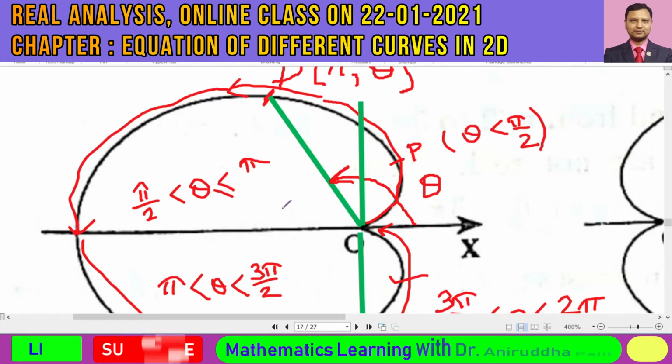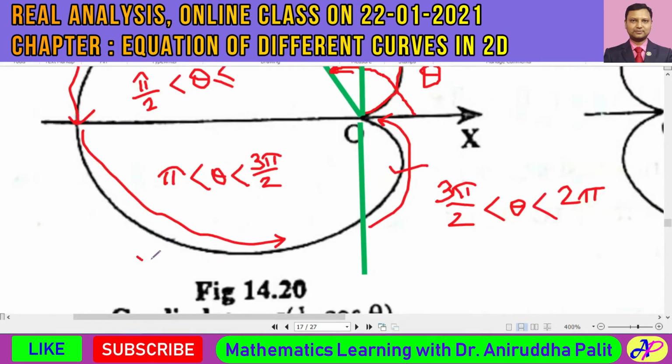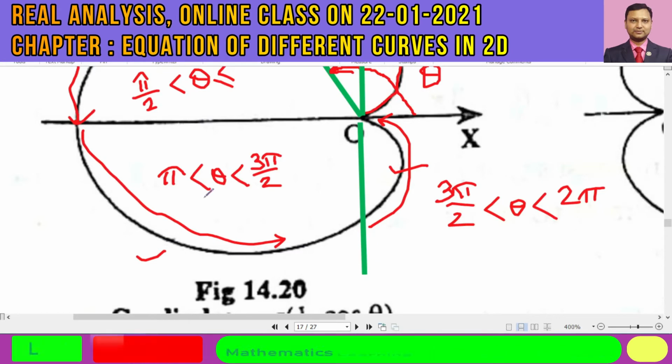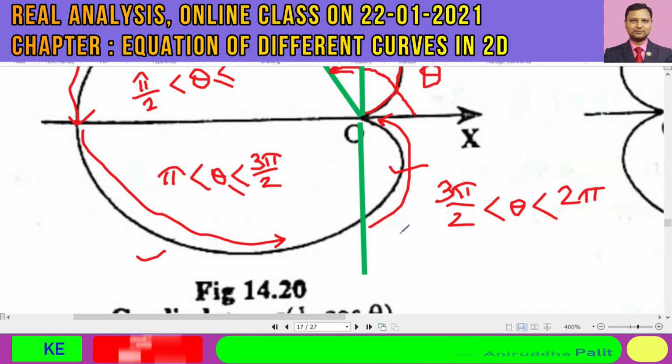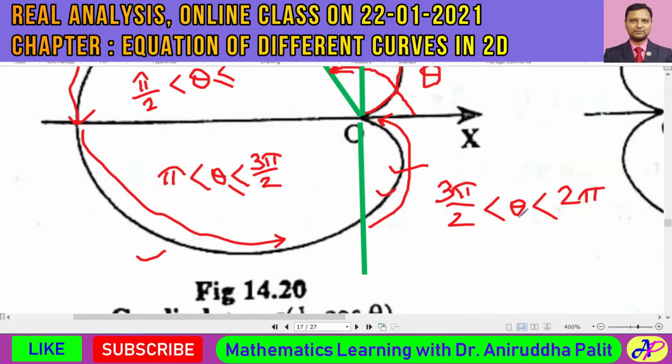We can write an equal to over here. In this zone, theta is greater than pi and less than or equal to 3 pi by 2. And in this zone, theta is greater than 3 pi by 2 and less than twice pi. So in this fashion, theta would change.